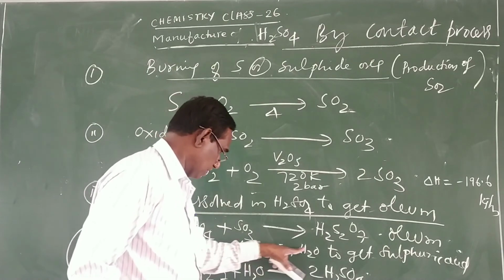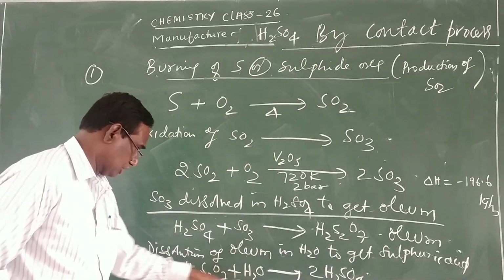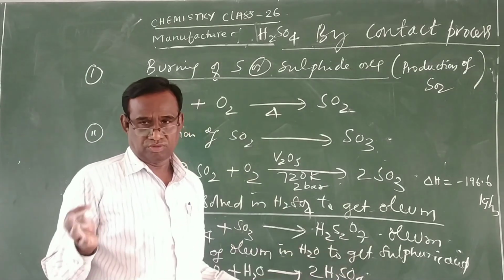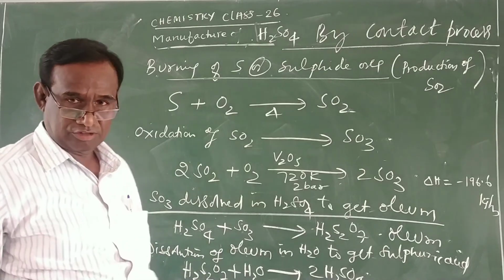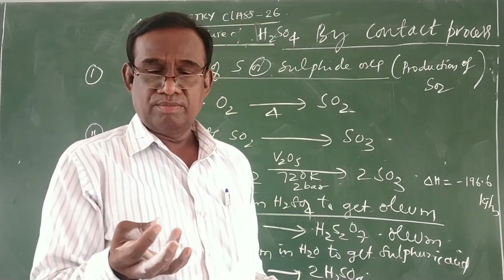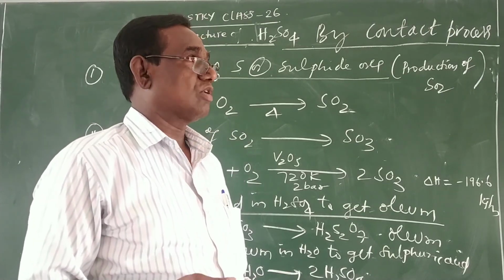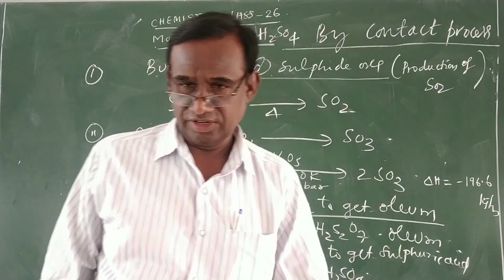Oleum is made to dissolve in water to get sulfuric acid again. So H2S2O7 plus H2O, you can write 2H2SO4. So this is how we can manufacture sulfuric acid. And this completes the manufacture of ammonia, the manufacture of nitric acid by the Ostwald process, and the manufacture of sulfuric acid by the contact process. Okay, I will continue in the next hour.